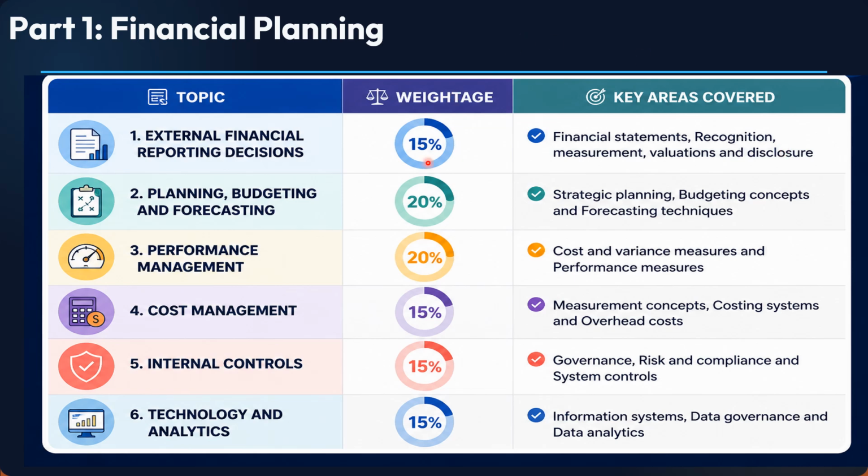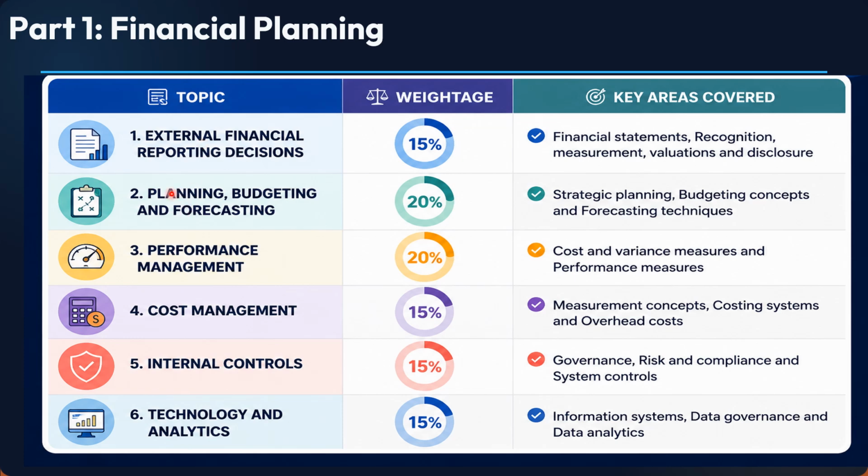When we say the weightage is 15%, the total marks for each exam is 500. So out of 500, 15% is given to this particular topic. 15% of 500 means around 75 marks is given to this topic.